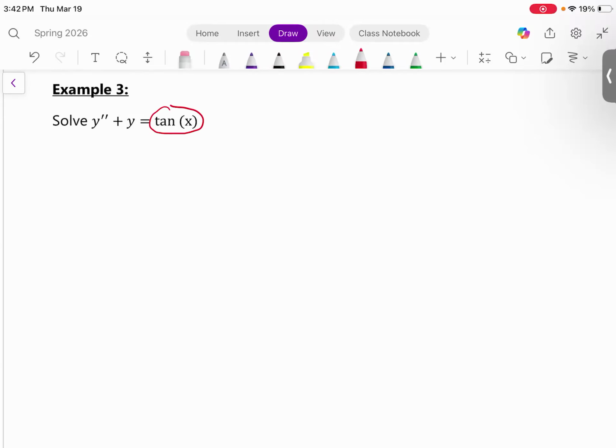I know it's just tangent x, but this is actually not a finite product or sum, because you could rewrite this as sine x over cosine x. So it's not a product, it's actually a division. So here is where we would need to use variation of parameters.